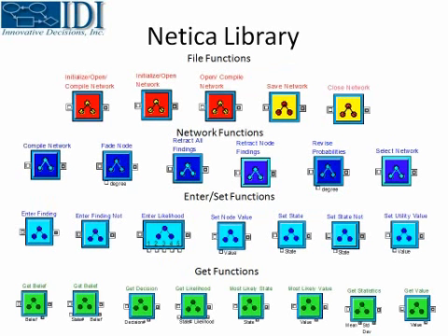As I mentioned earlier, when I built the blocks, I color-coded them so that I could look at the blocks and readily tell what they did. The first row of blocks are the file functions, things like open the program and open the file. That would be like clicking on the Netica application, opening it up, and opening a file and getting it ready to use.